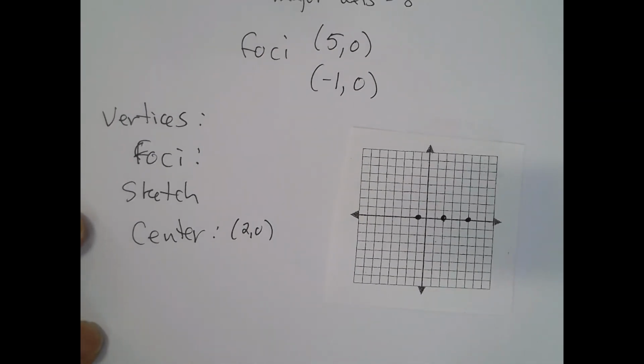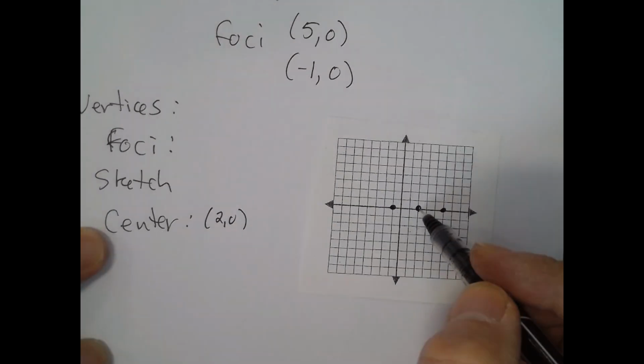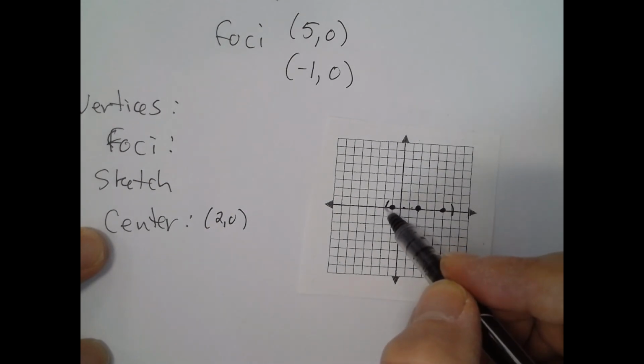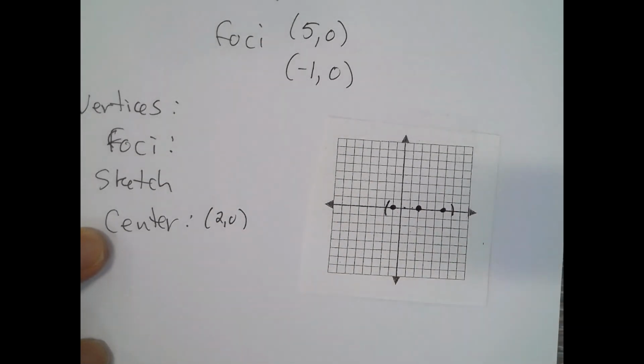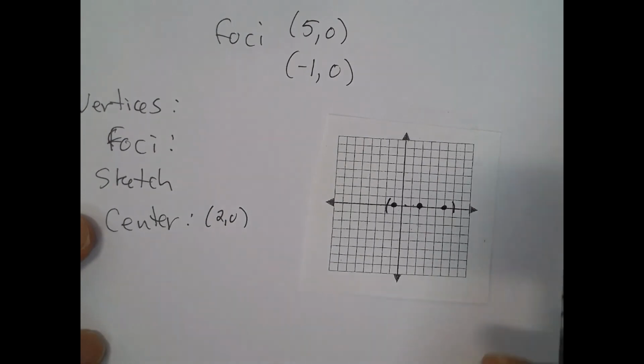We know that the major axis is 8. Good. From the center, we can go out 4 in each direction, right? 1, 2, 3, 4. 6, 0. So, can you tell me what A is? 4. A is 4, half of the major axis.